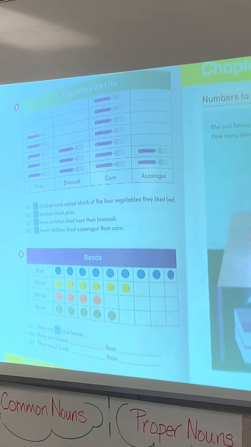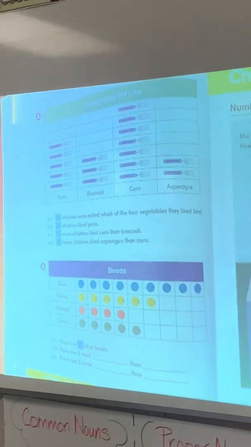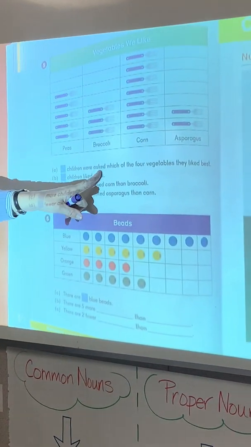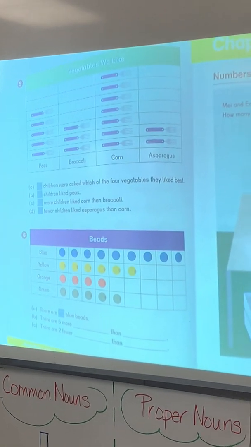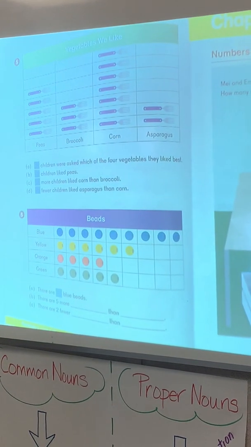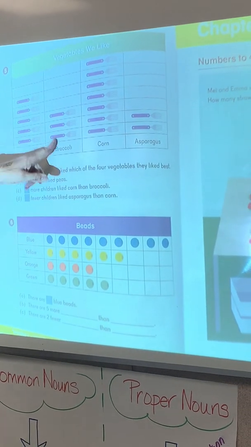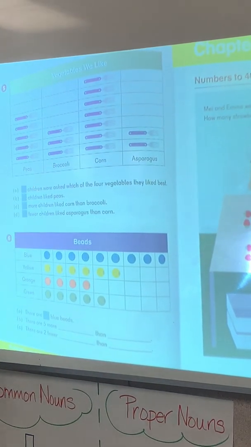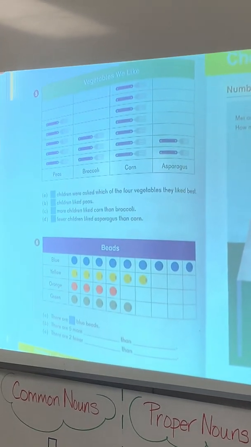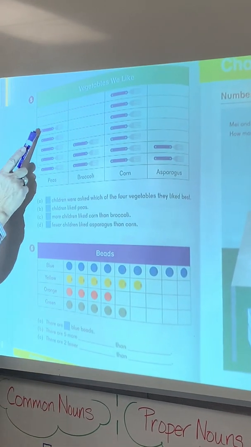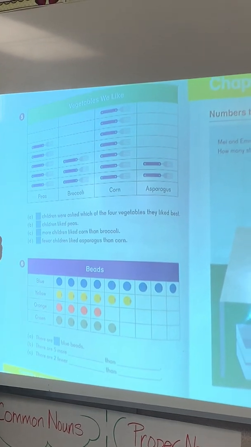Okay? So now, blank children were asked which of the 4 vegetables they liked best. So if a fork equals a child, then that means we need to count all the forks to figure out how many children they asked to get this whole graph in here. So let's count. 1, 2, 3, 4, 5.